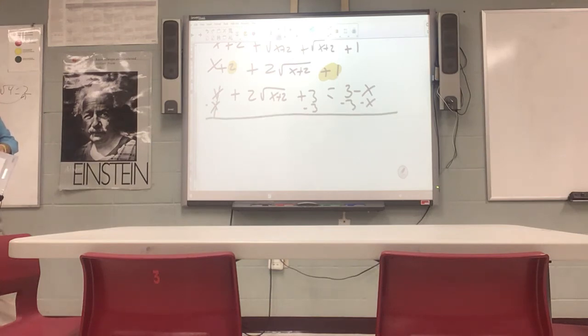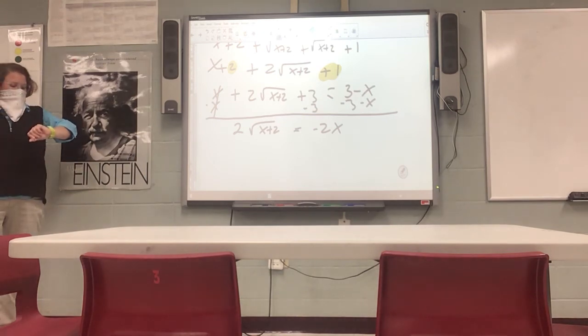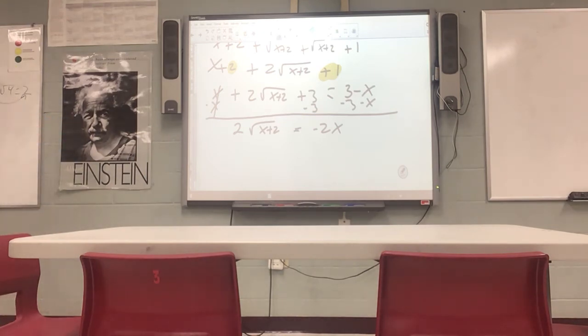That'll give me 2 square roots of x plus 2. 3 minus 3 is 0. Negative x minus x is negative 2x. Okay, that's getting there. There's still a piece of extra junk to get rid of. With the radical, what extra junk is there still? 2, and it's being multiplied, so we're going to divide.